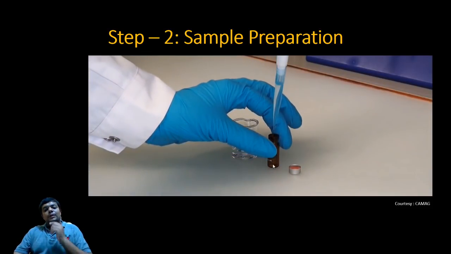If you look very carefully at the bottom of this small vial, there is a solid powder sample, and now they are adding a solvent or a solution depending upon the requirement to it, and they will prepare a sample solution.